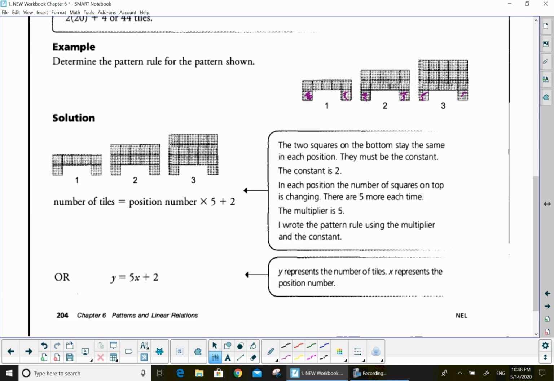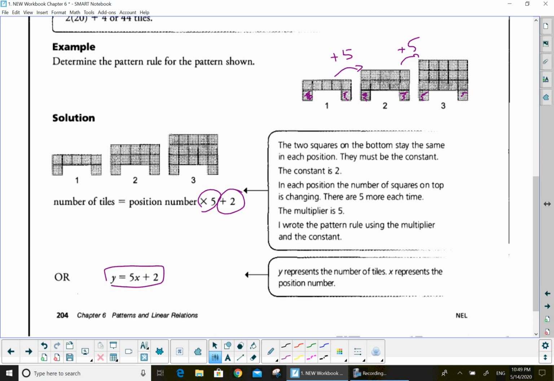So that's going to be our constant, and that's why they have an answer for the constant of just +2. And then you can see that in position 1, you start with 5 of these tiles, and then you increase by another 5 and another 5. So not 3, just 5. So that is going to be our multiplier, and that's why they have times 5 here, or 5x plus 2.